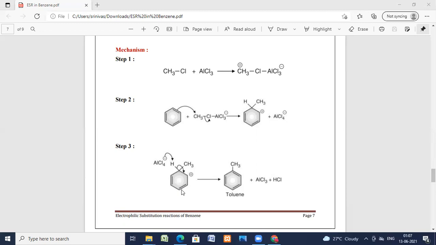So the pi bond is shifted from this position to this position, thereby the positive charge is shifted towards the ortho position. This is the third resonance structure. And the sigma complex, the arenium ion, the carbocation or the pentadienyl cation is formed.